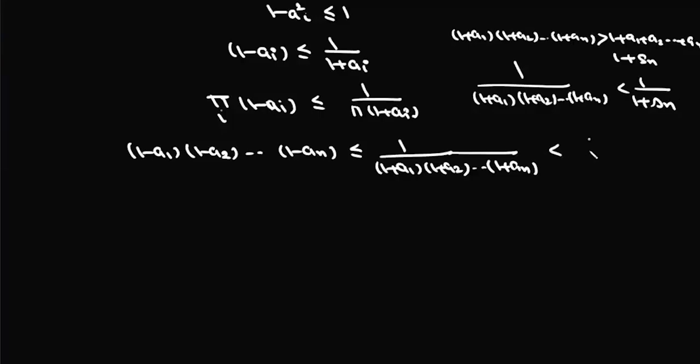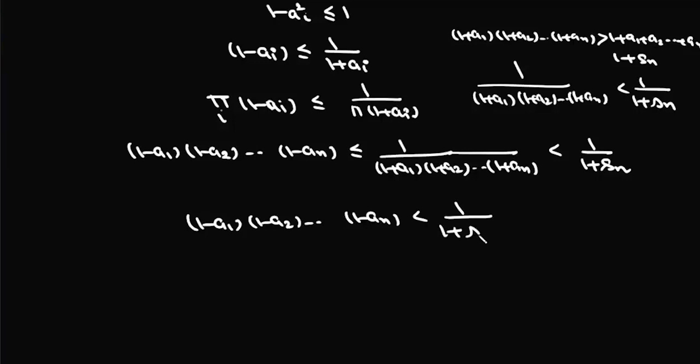So from here we can write 1 minus a1 into 1 minus a2 into 1 minus an will always be less than 1 upon 1 plus Sn, which is what we need to prove in this question.